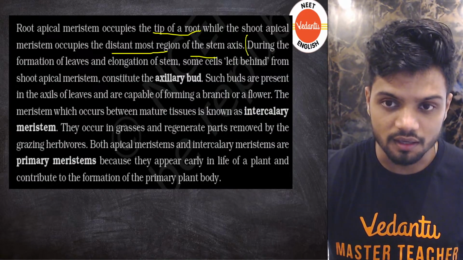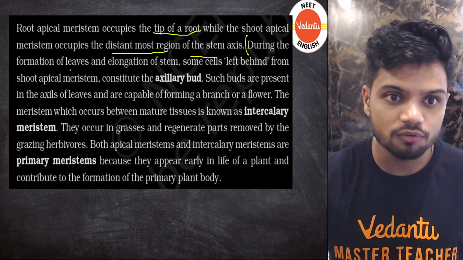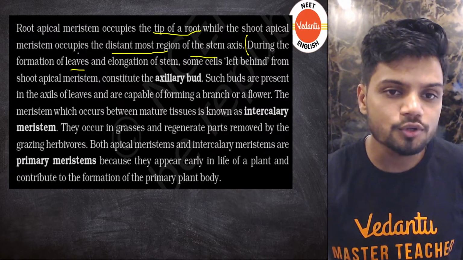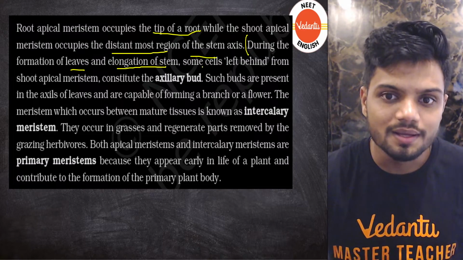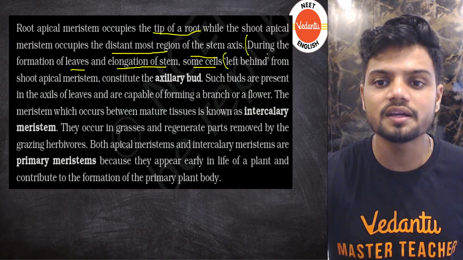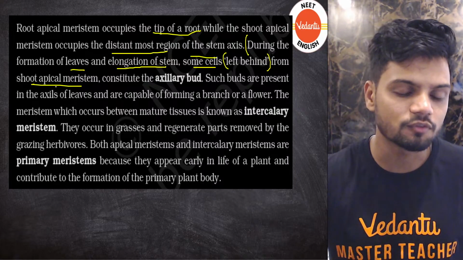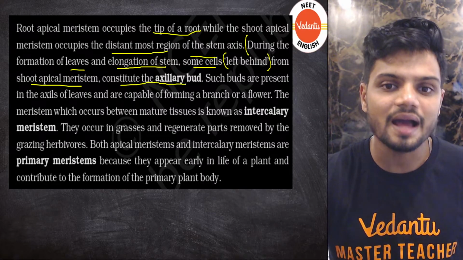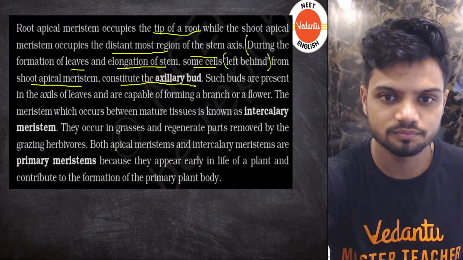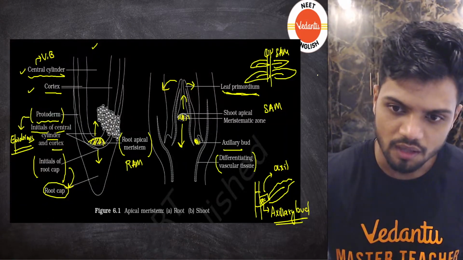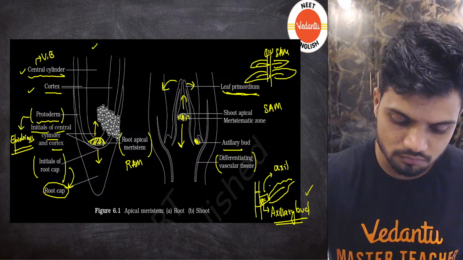Now understand this line. During the formation of leaf and elongation of stem, as the shoot apical meristem is growing, some cells are left behind from the shoot apical meristem, from SAM, and constitute the axillary bud. Right here, you see? Axillary bud.